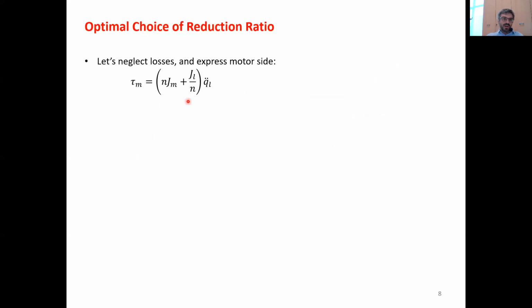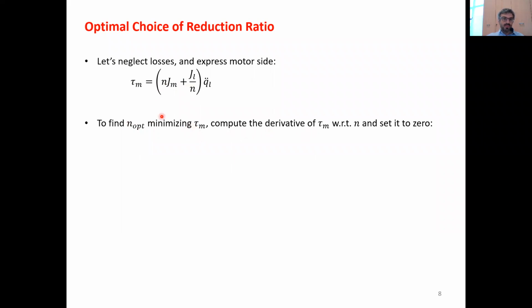Now let's consider only inertial forces, neglecting friction, and we can express the torque at the motor this way, from the acceleration of the load. And if we want to find the optimal gear ratio, we need to minimize the motor torque.